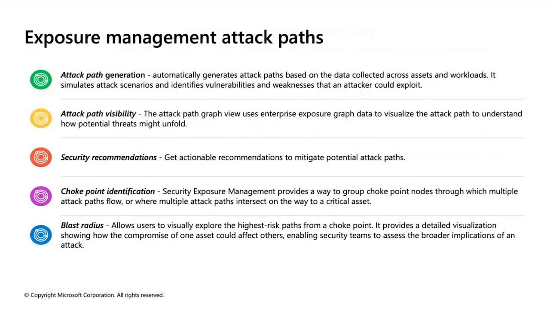Based on that, we can analyze if there is any kind of attack pattern. So what would be the blast radius of this attack if someone attacks this resource, and which other resources will be impacted. In this way, we can see the blast radius related to that critical asset, that critical resource.